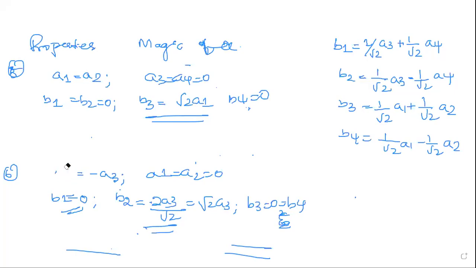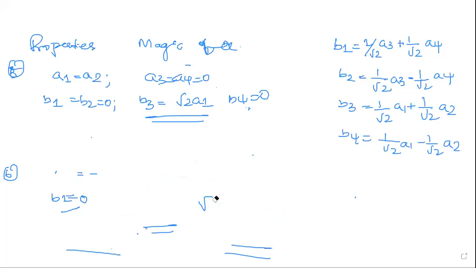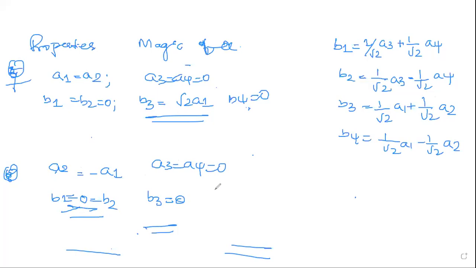Now again the difference condition, just the opposite of property 7. Now consider property 8, that is, consider the identical signals, but A2 should be minus of A1, and A3 and A4 will be equal to 0. So B1 as well as B2 will be equal to 0, whereas B3, substituting A2 as minus A1, will again be 0.